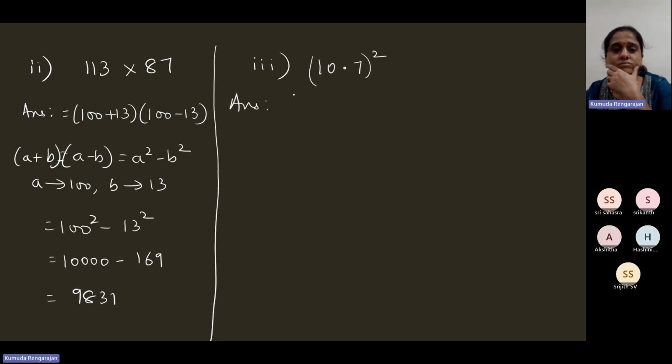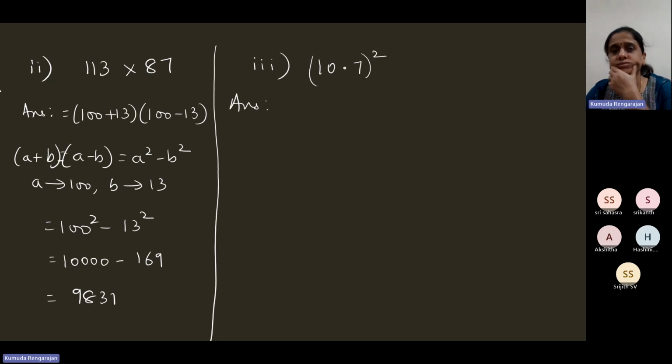10 plus 0.7. The procedure is right. Show me the book, Avnish.